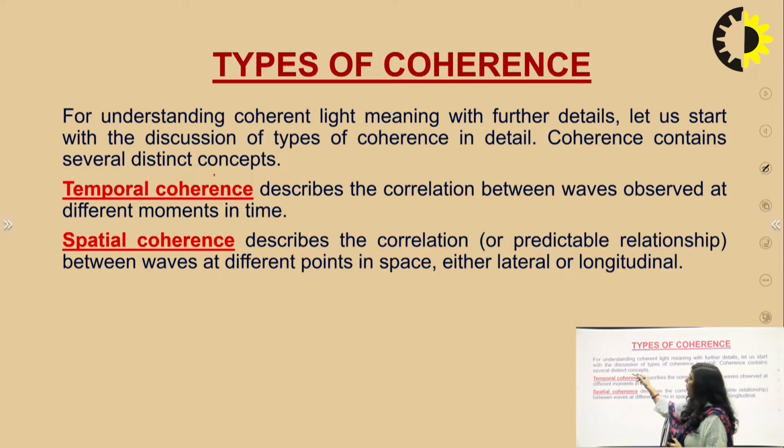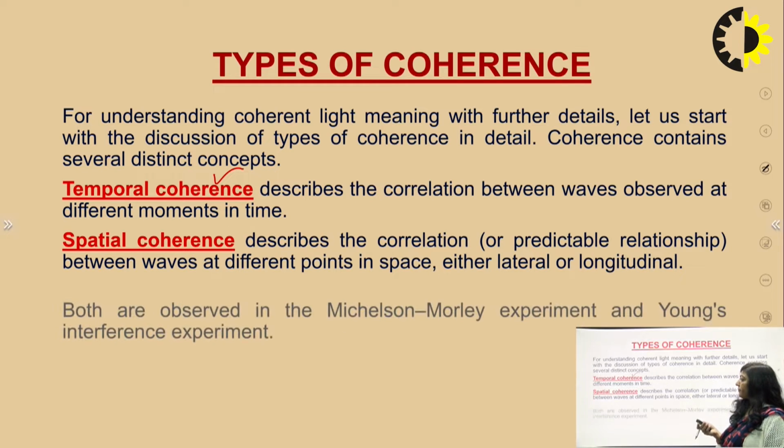The first type is obtained in a direction parallel to the direction of propagation, whereas spatial or transverse coherence is defined in a plane perpendicular to the direction of propagation. What is the exact meaning of temporal and spatial coherence? We will try to understand that in our next slides.